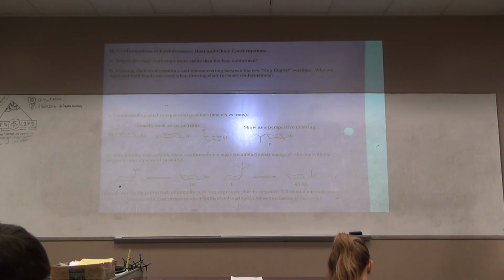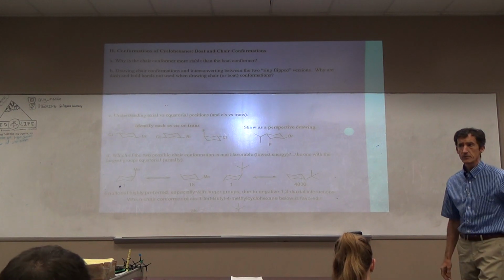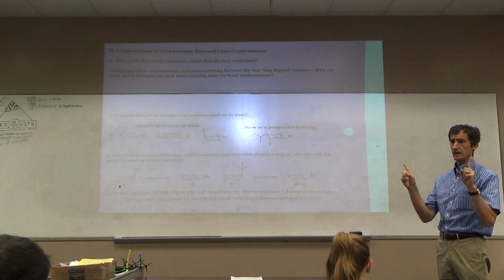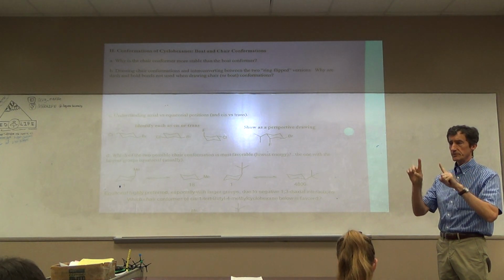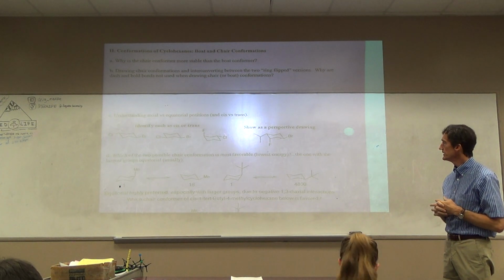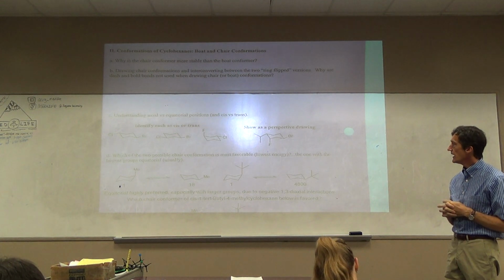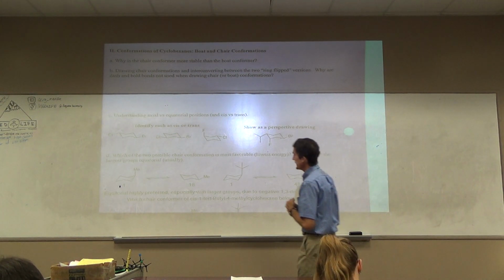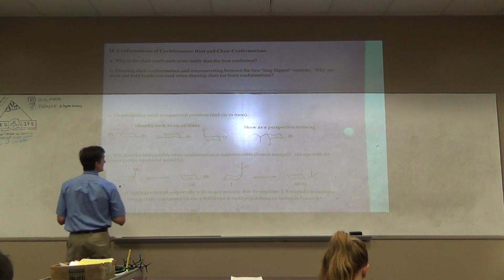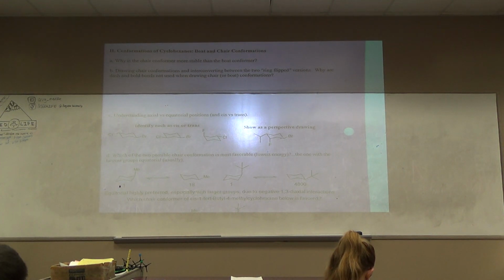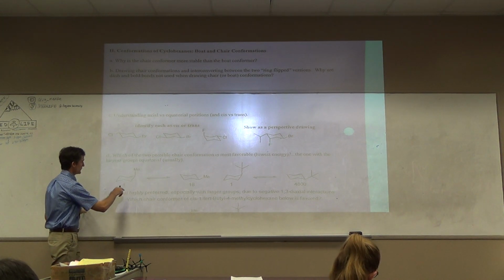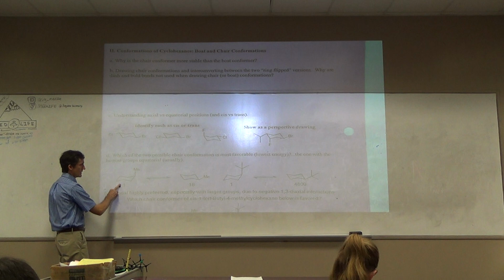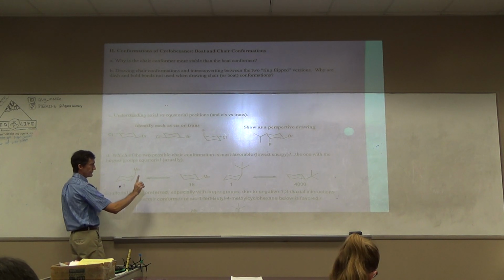Of the chair or boat conformations, chair is most favored, largely because of 1,3-diaxial interactions. Cis or trans, we need to look at that. One thing we need to say is that the best positioning on your chair conformation is equatorial. For example, if you look at methylcyclohexane, it can exist in 2 different ring forms.